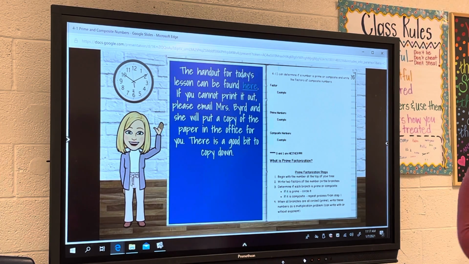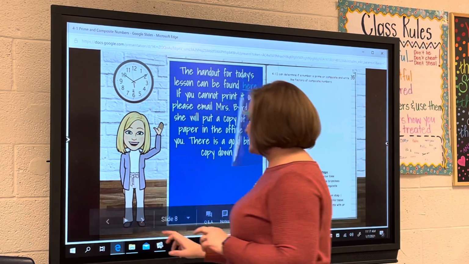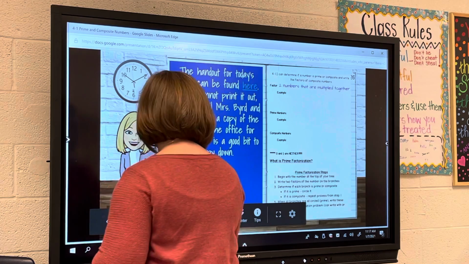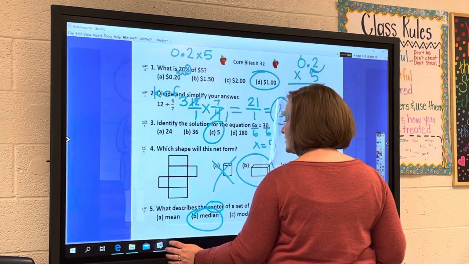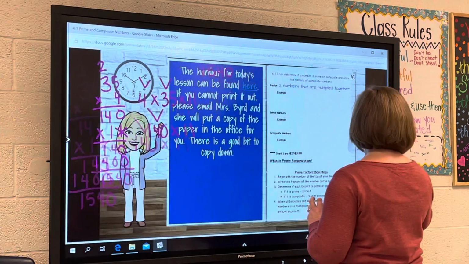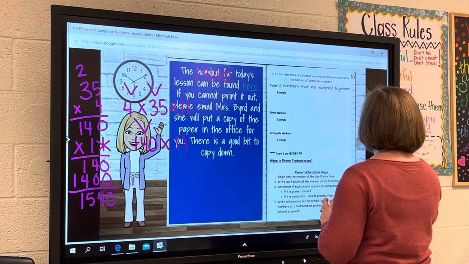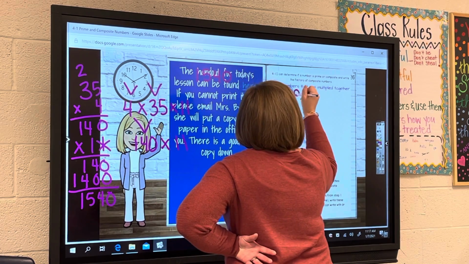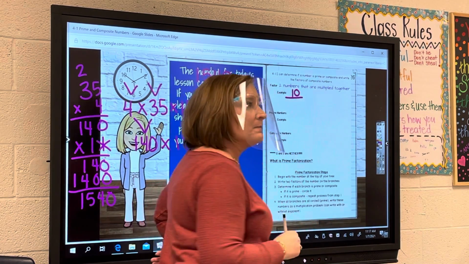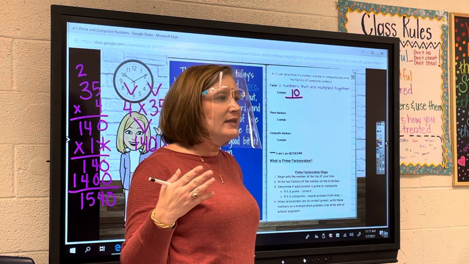So let's think about it. Two numbers that are multiplied together. Now, I'm going to write my examples up here kind of big so you can see them. If I have 10 as an example, what can I multiply together to get 10?